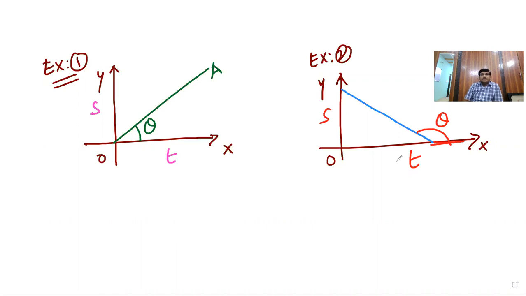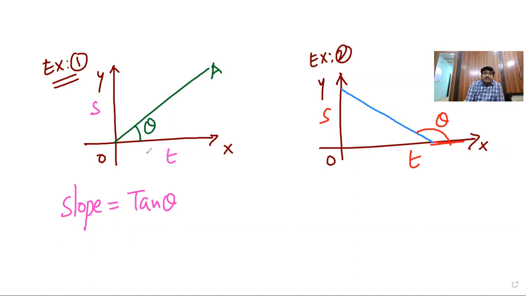What is the slope in this case? Slope is equal to tangent of theta, tan theta, and theta is the angle made with respect to the positive x-axis.